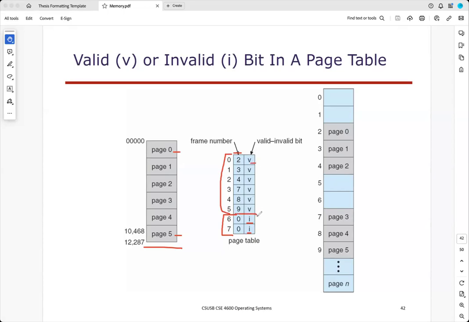So this means page 6 and page 7 are not legal pages for this process. If a process tries to access entry 6 or entry 7 in the page table, it will cause a trap to the operating system.